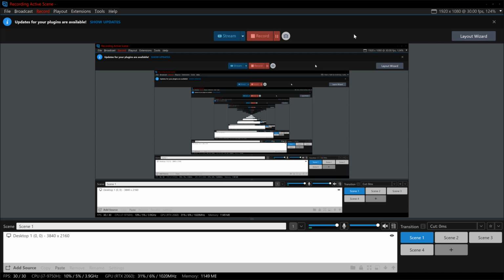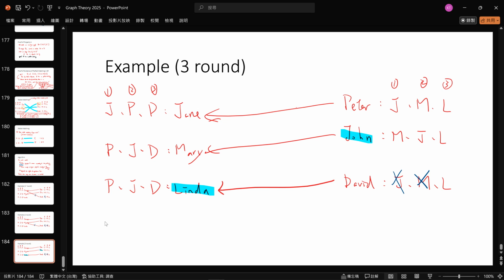list. Okay, so this is the algorithm, but we haven't shown that this is correct. So by correct, we have to show that first, the output is stable. And second, we have to show the time complexity.